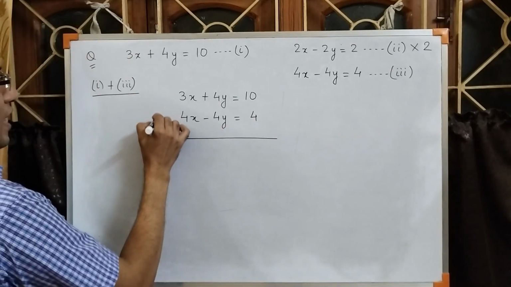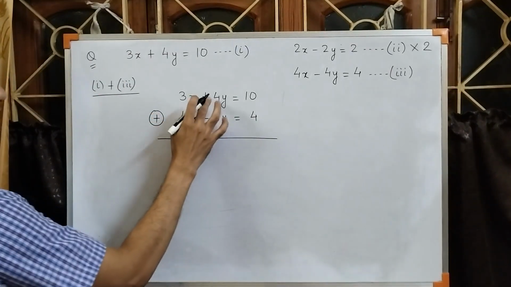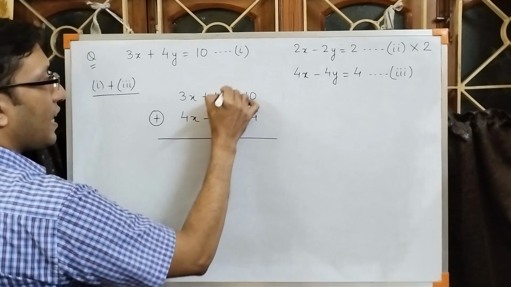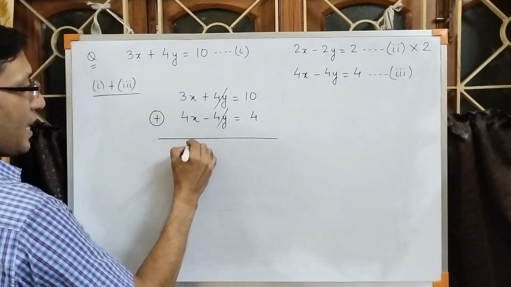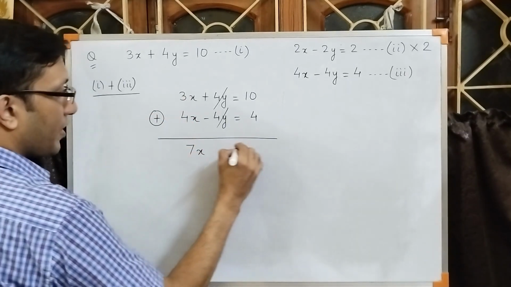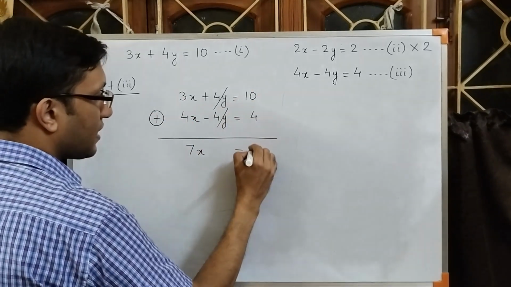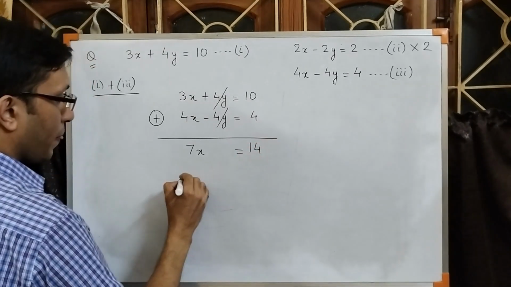Now see, when we add these, we already have plus 4y and minus 4y that cancel each other. So 4x plus 3x on the LHS gives us 7x and on the RHS 10 plus 4 becomes 14.